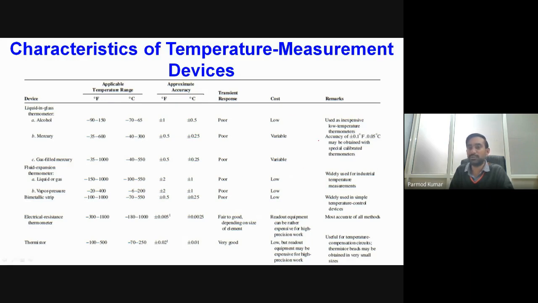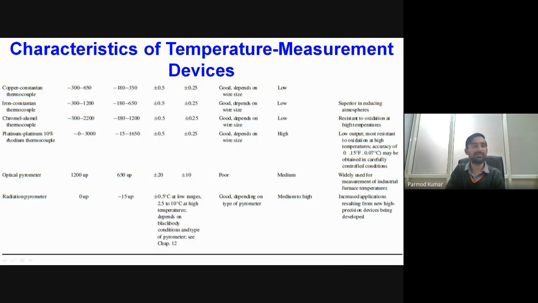Some remarks are also given, which highlight their different application areas. This is also the continuation of the previous table for different types of thermocouple and radiation based measurement devices.